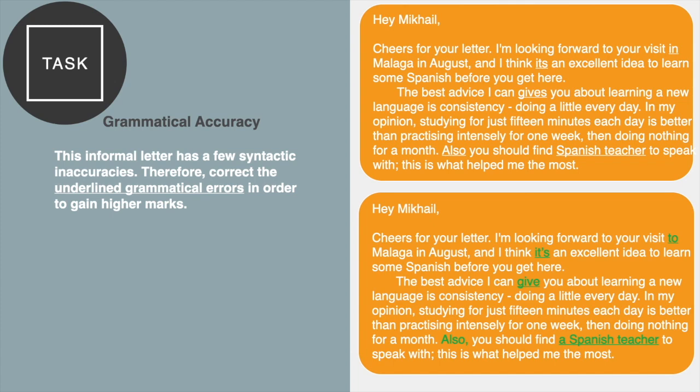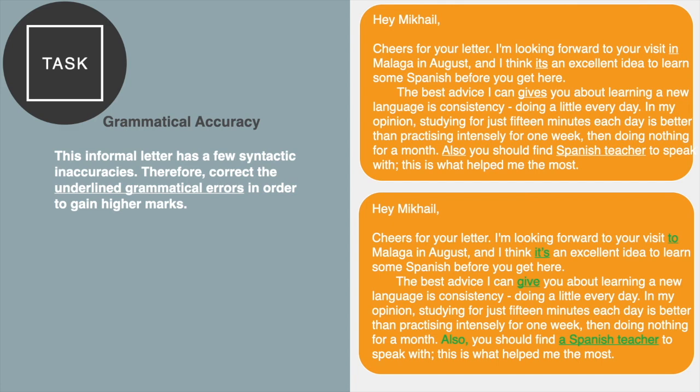Visit to. Now here, we use after every verb or noun that indicates going from one place to another, the preposition to. For example, we walked to the shop, or we went for a drive to the countryside. It's.